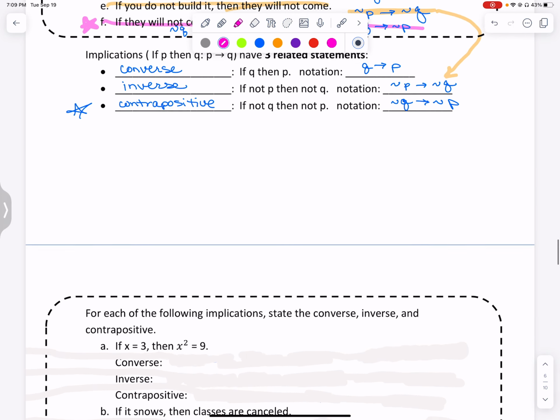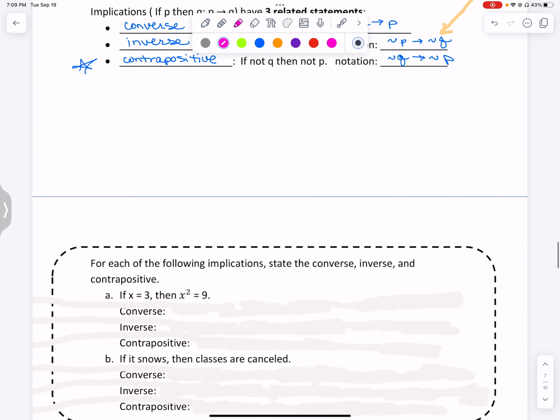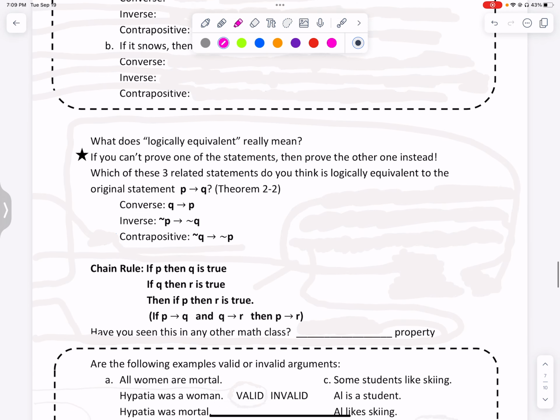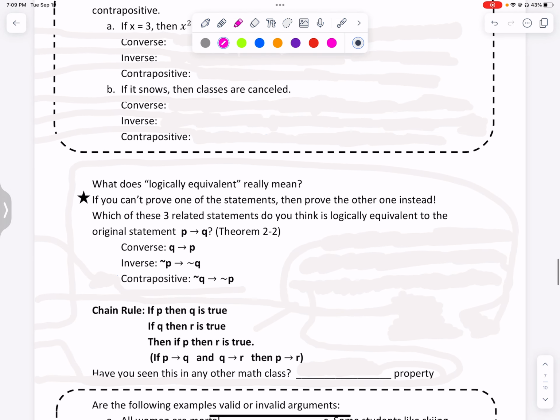Let me go ahead and go down here and talk about why that contrapositive is so important, okay? Logically equivalent means you have two statements that are the same. If you prove one, then it's like proving the other. If you can't prove one of the statements, you could prove the other one instead. This is used a lot when you are actually trying to prove something.